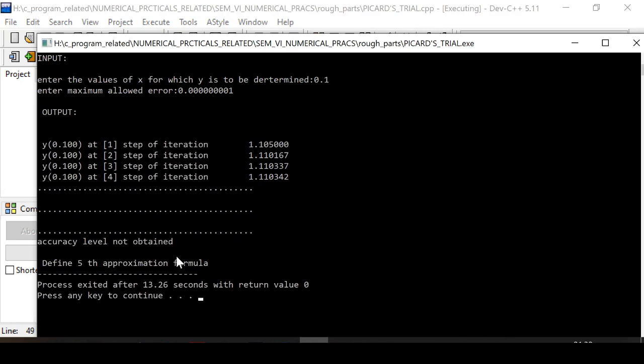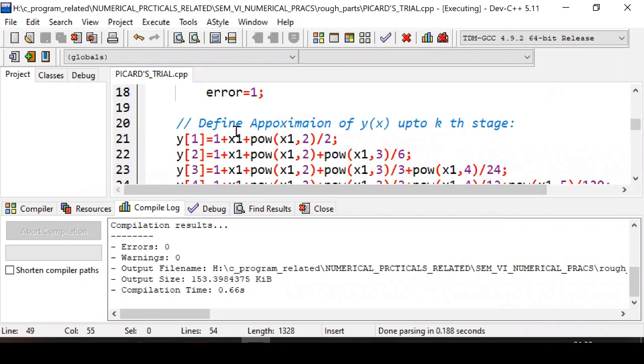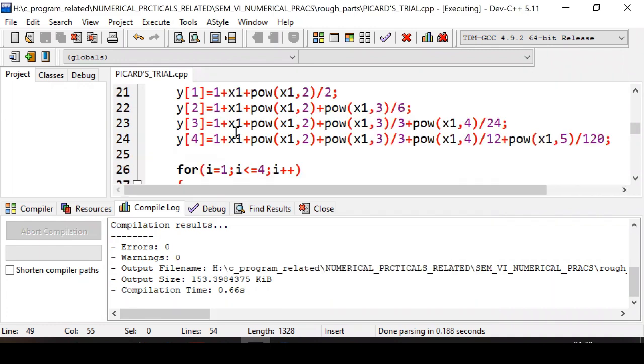That means you have to go for the fifth approximation formula. You have to incorporate this as y5 and check if y5 is sufficient. If not, then you have to incorporate y6, and this goes on. So this is Picard's formula by C programming. Let us stop here.